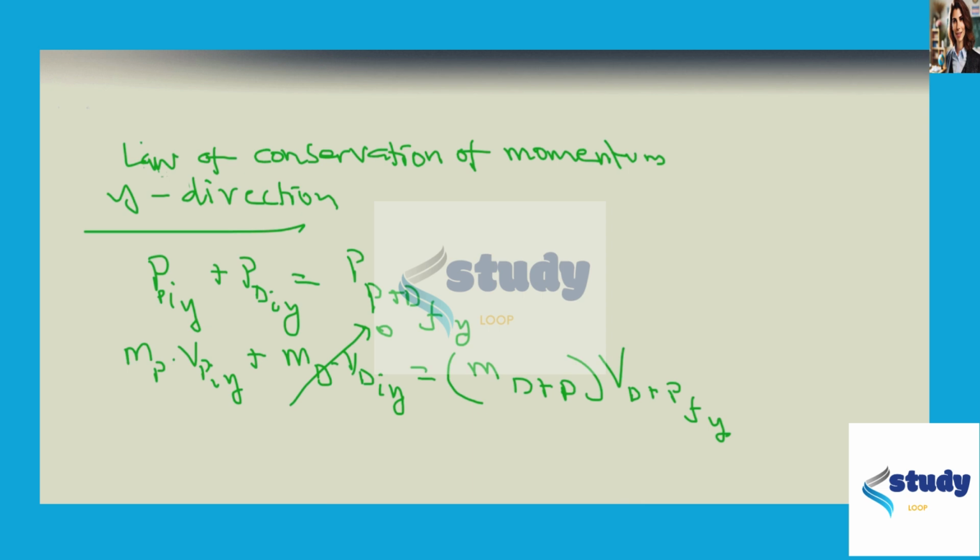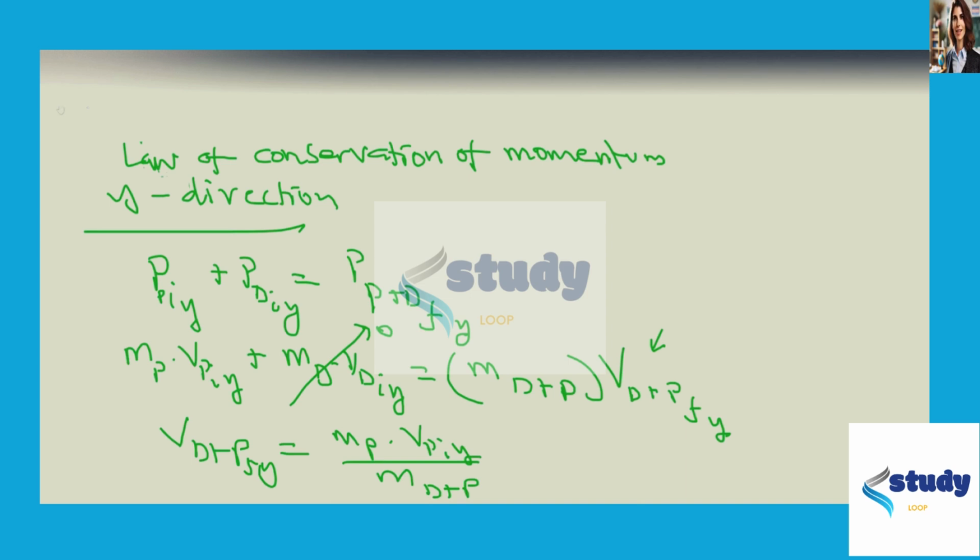And we want to find the final velocity of the Durango and the Prius in the y direction, which equals the mass of the Prius times the initial velocity in the y of the Prius, all over the mass of the Durango and the Prius. Okay, this is the information we have right now.